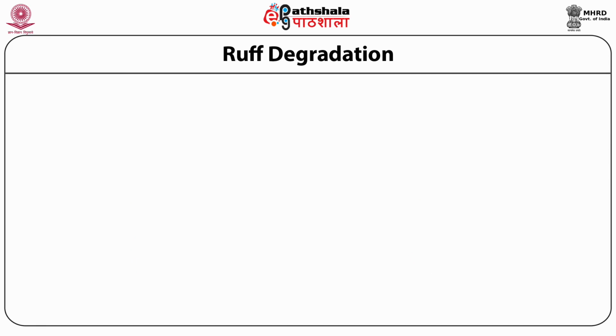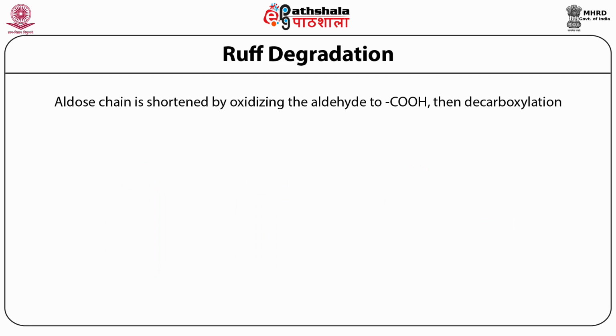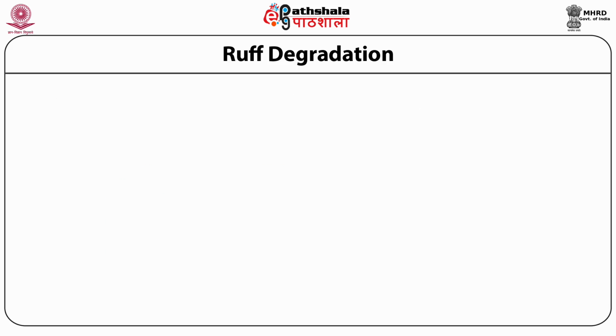Another reaction that is used for shortening the chain length of monosaccharides is called Ruff degradation, wherein an aldose chain can be shortened by oxidizing the aldehyde to a carboxyl group followed by decarboxylation.